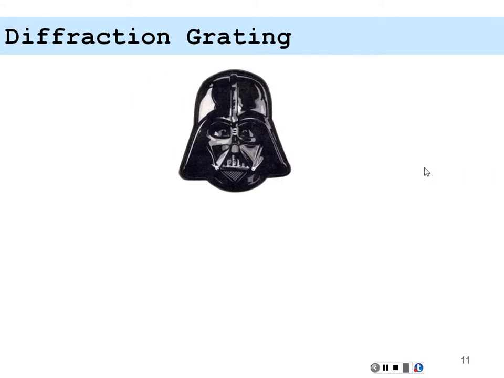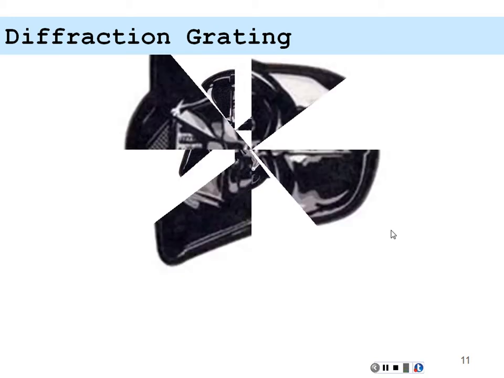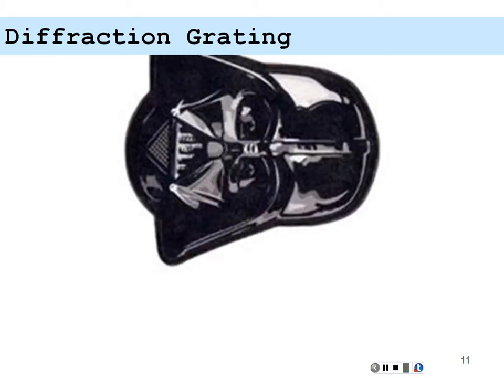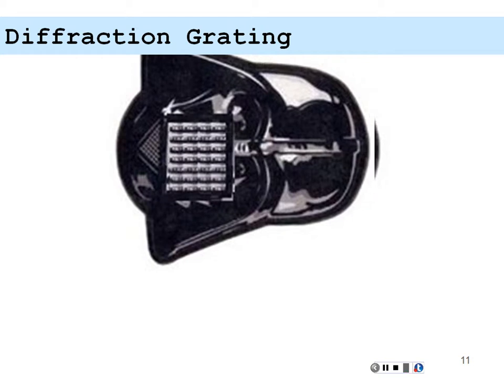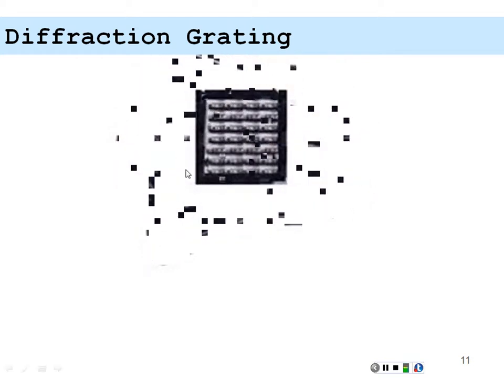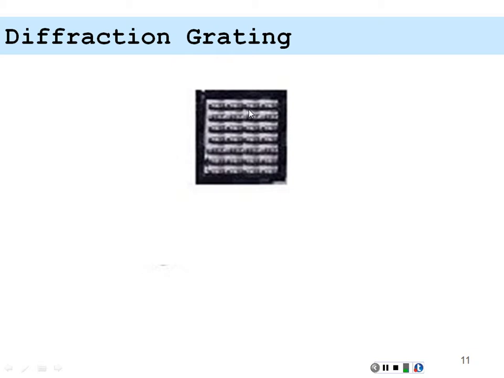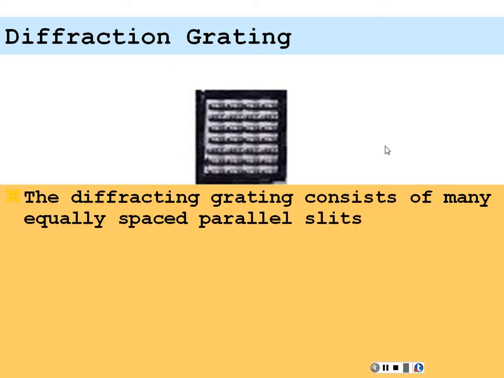If we have a diffraction grating, as might be observed here, we have a good subject to demonstrate. If we look at the grating in Darth Vader's helmet, we can see that we have a nice spacing of the grating here, which will help us to get a really good interference pattern.